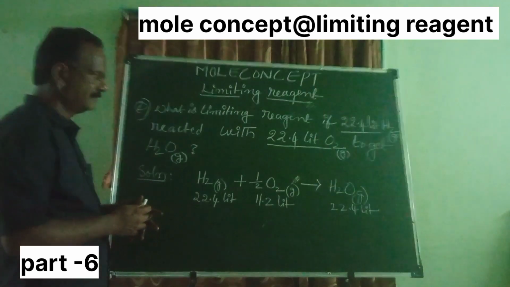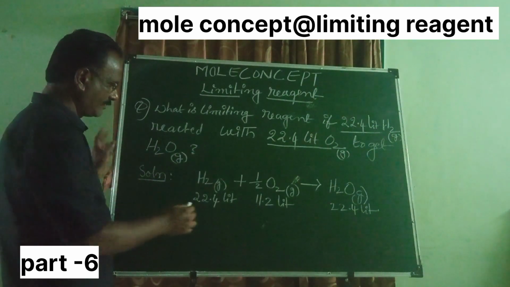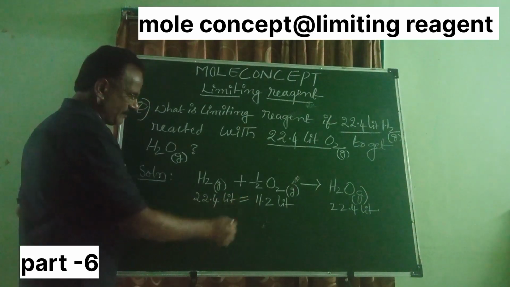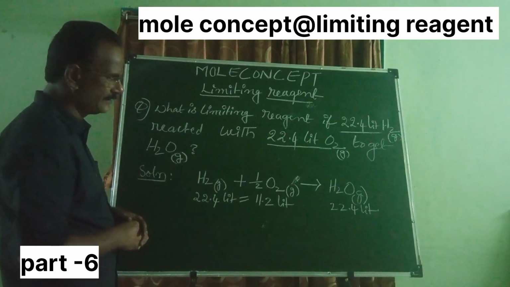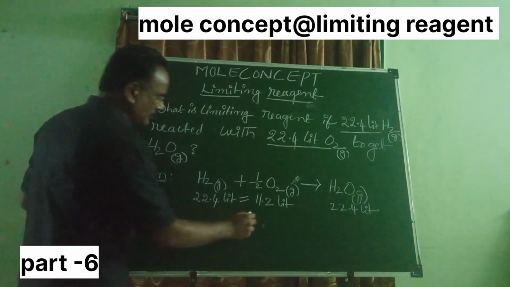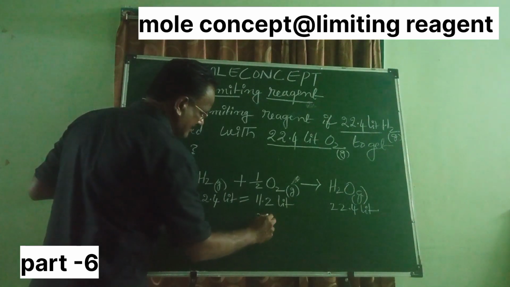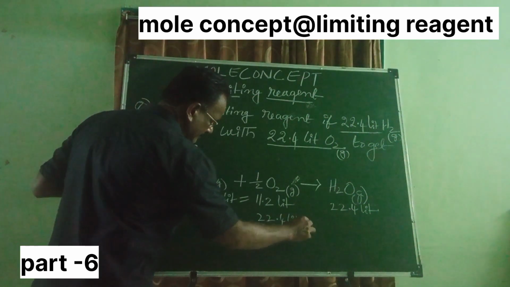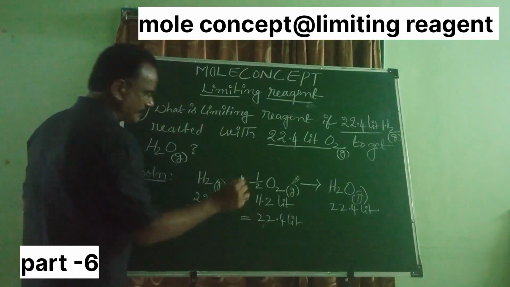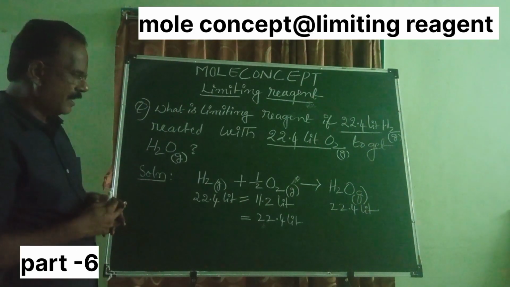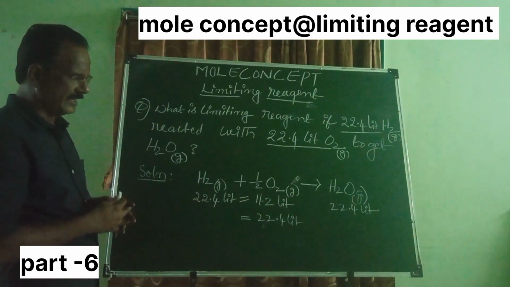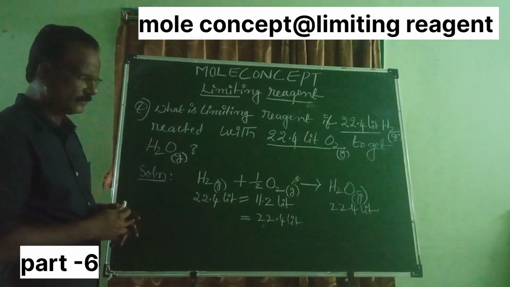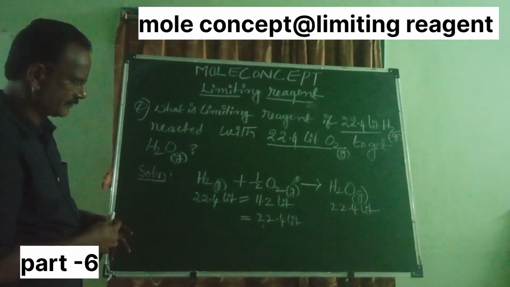So, if 22.4 liters hydrogen is required for 11.2 liters oxygen, for 22.4 liters oxygen, how much hydrogen is required? That is the question.